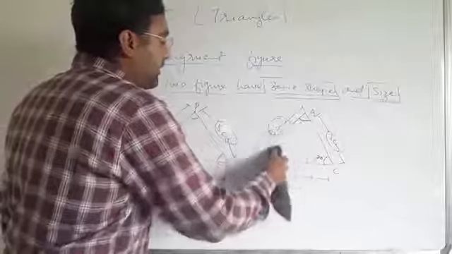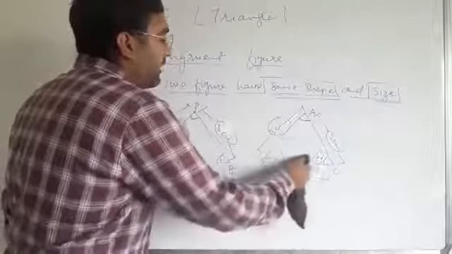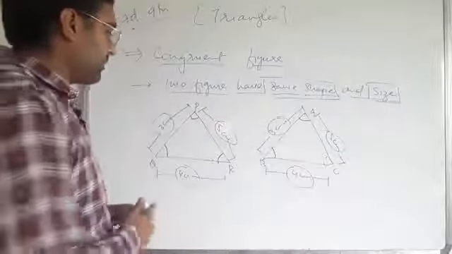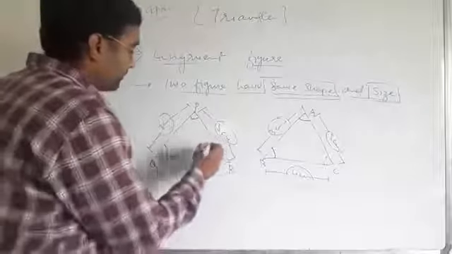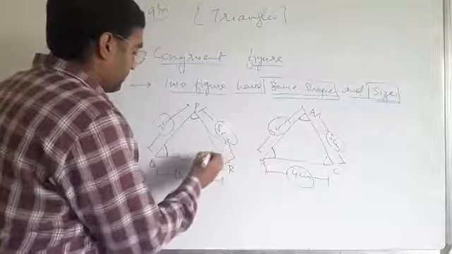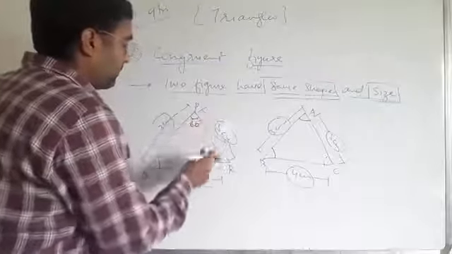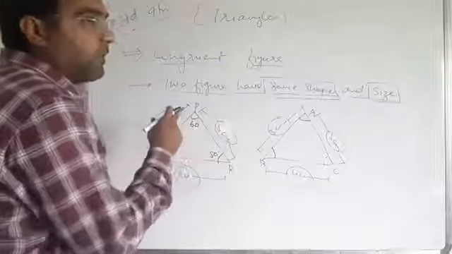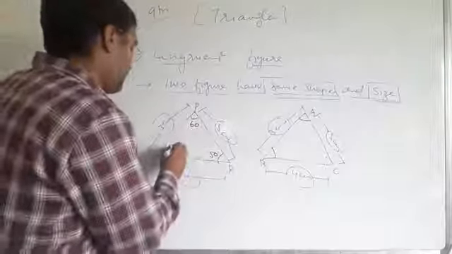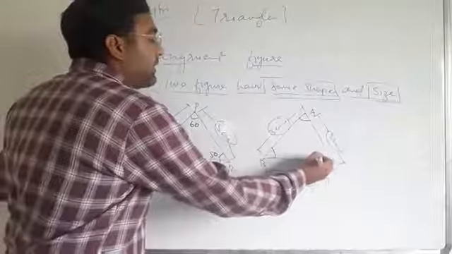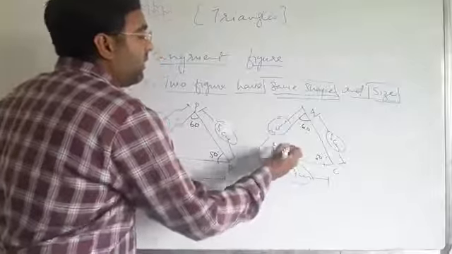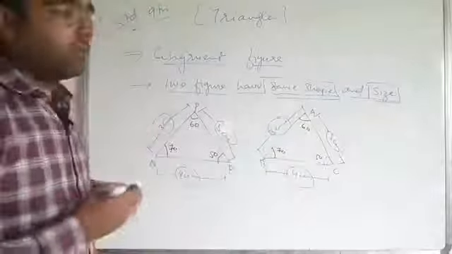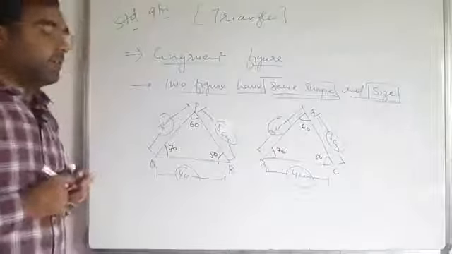I change the measurements so you don't have any doubt about that: 50, 60 and 70. Okay, all of them are acute angles, less than 90. Clear?